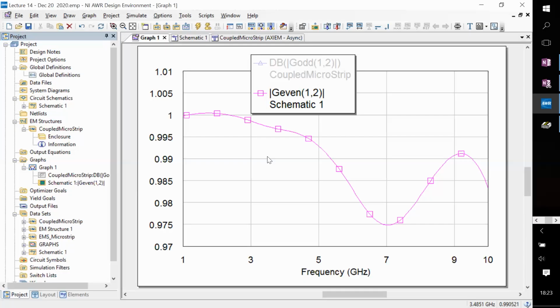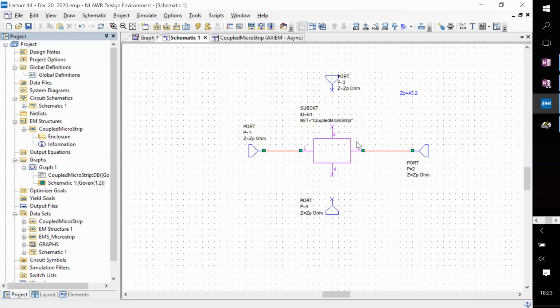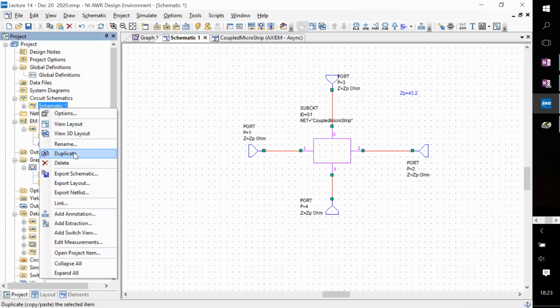They're not real ports here. They're different modes. But you could see that mode conversion, then you'll see the power is going. But you can never get greater than 1. So that is because of a numerical error in this calculation. Okay, so the boundary conditions again are very important. So I'm going to duplicate this.